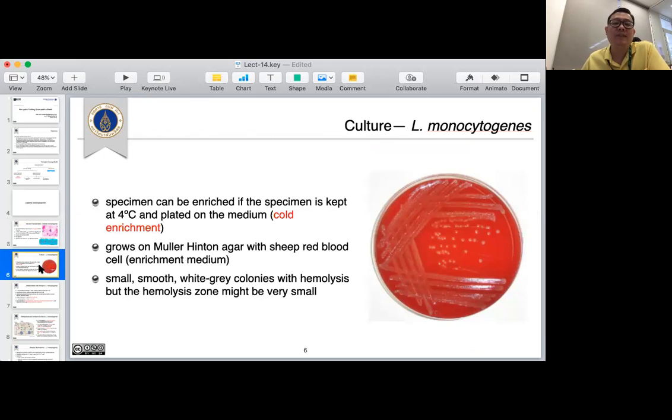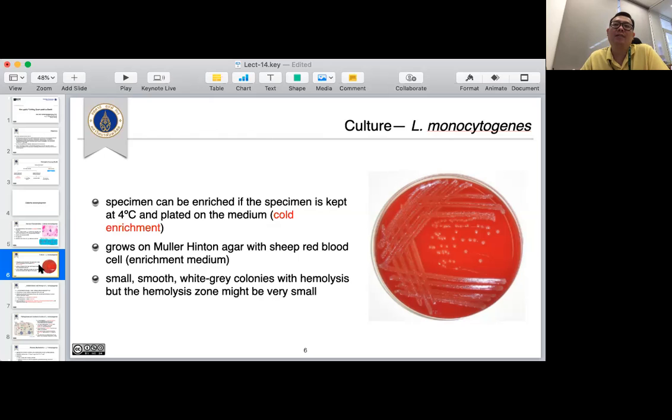For culture of Listeria mono, you probably need to enrich bacteria before you culture. When you get a specimen, put the specimen at 4 degrees Celsius for a while. This bacteria is psychrophile. They love cold temperature. Well, this is very dangerous. Bacteria love to contaminate food.